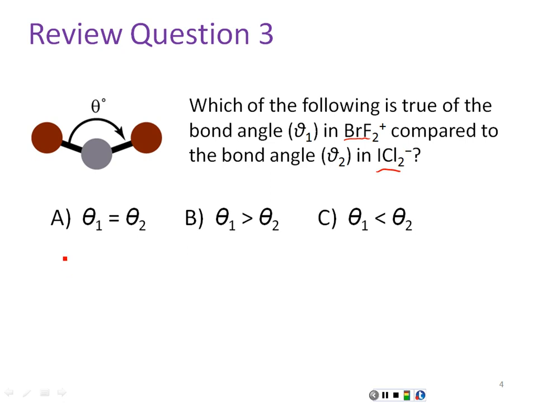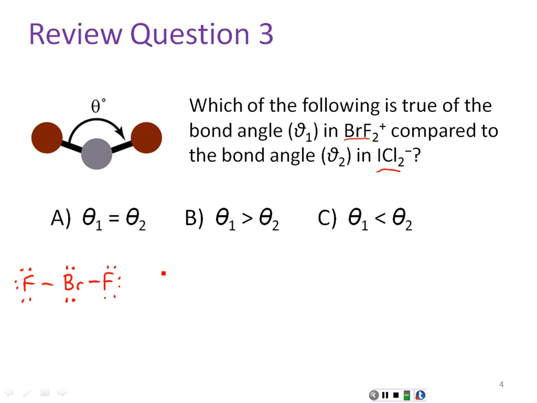There'll be 20 electrons total. Bromine will be in the center because it's less electronegative than fluorine. 1, 2, 3, 4, 5, 6, 7, 8, 9, 10, 11, 12. And we have 4 electrons that are in bonds, so we use 16. We have 4 left, so we'll put them on bromine. And we get this structure.